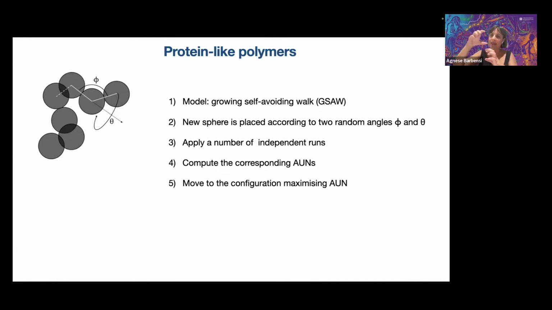And in each of the independent runs, the next neighboring configurations we're exploring are picked by picking these pairs of angles, phi and theta, every time we add a new bead, every time we add a new sphere.